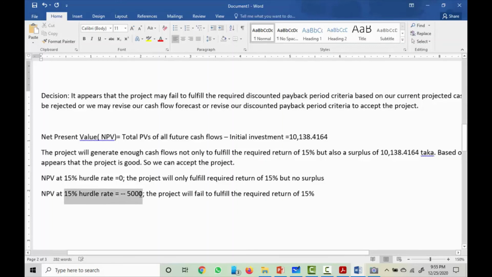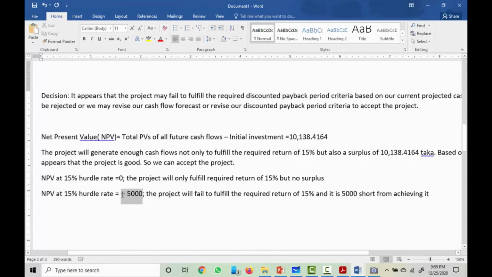So if you calculate NPV at a 15% hurdle rate and you get negative 5,000 like that, you can say that the project will fail to fulfill the required return of 15%, and it is 5,000 taka short of achieving it.